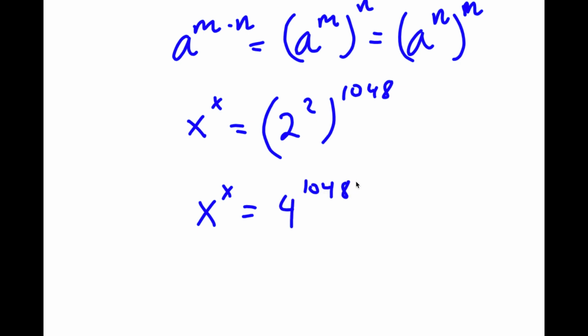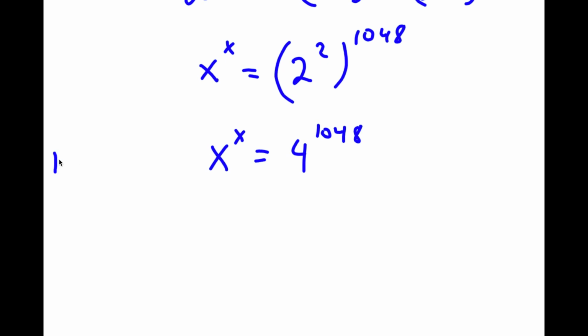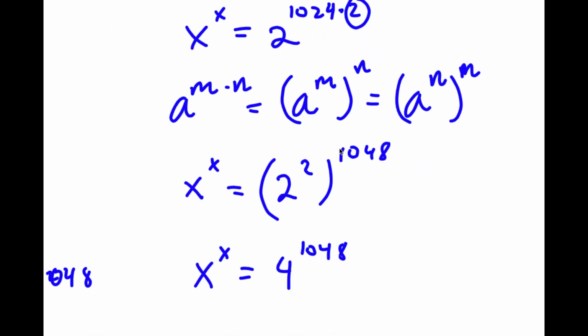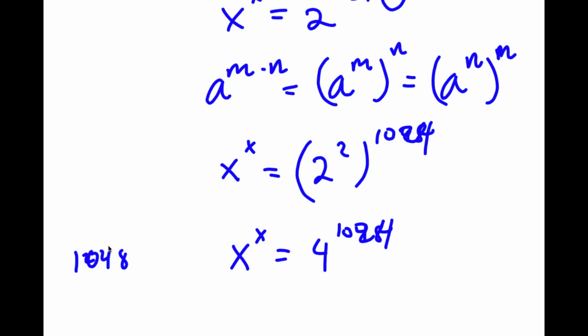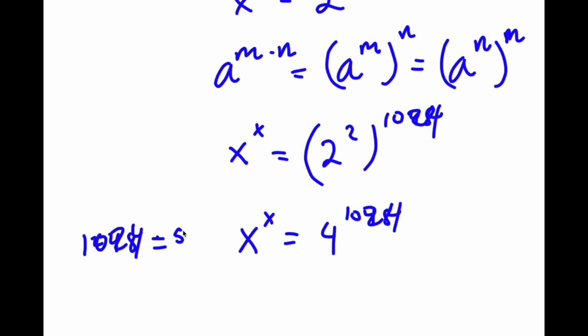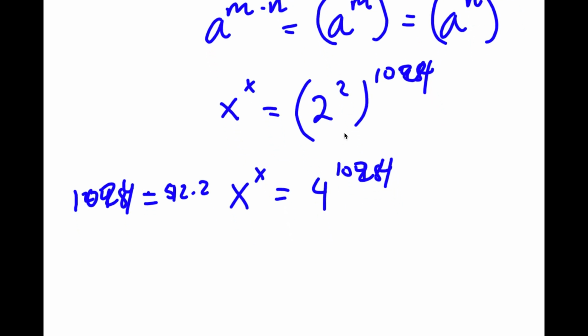And now I'm going to repeat the same thing again. So again, 4 to the power of 1048, sorry, this isn't 1048, this is 1024. So 1024 is equal to 512 times 2.